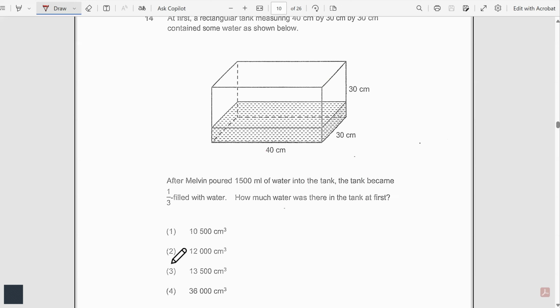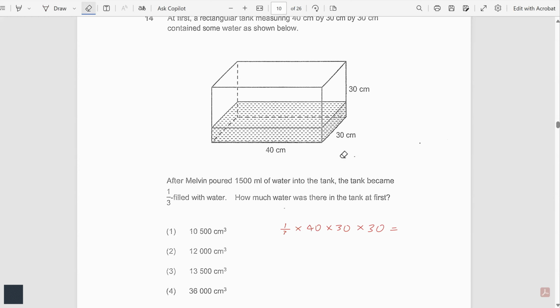We can actually find the volume of the water when it's 1/3 filled. Okay, so we take length times breadth times height, so 40 times 30 times 30, that will give us the whole tank, but it's only 1/3 filled. So we take 1/3 times 40 times 30 times 30.